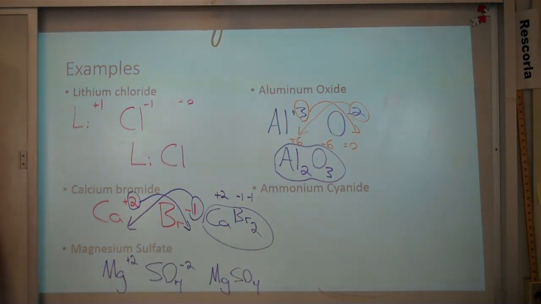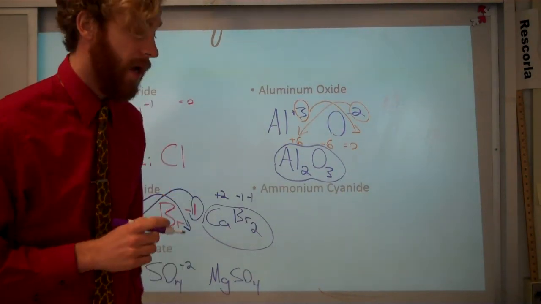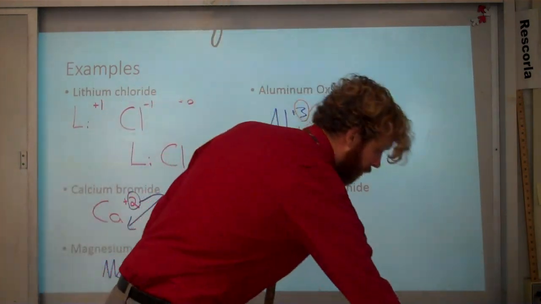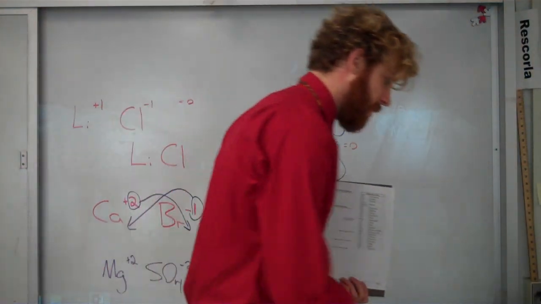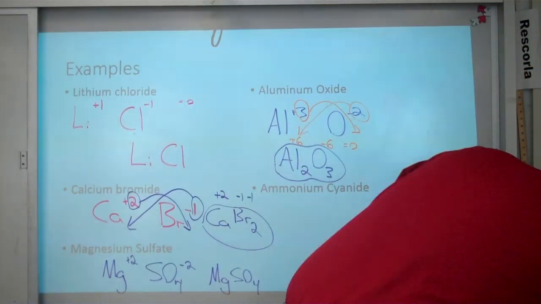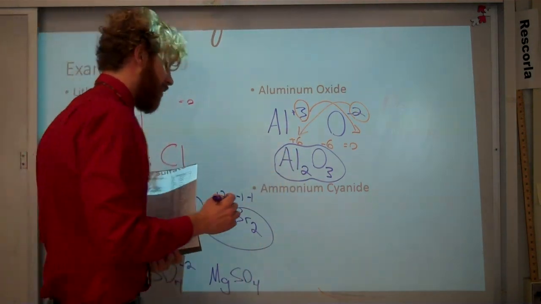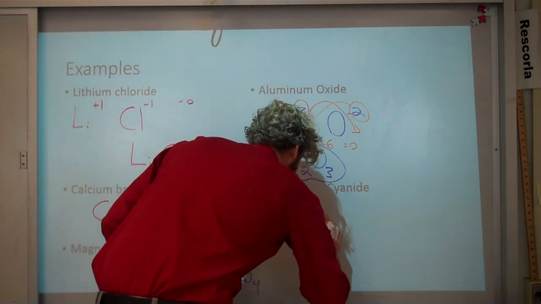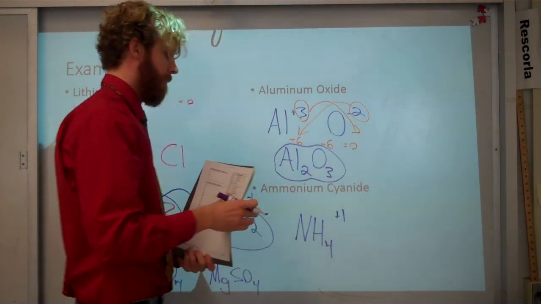Next example, ammonium cyanide. Ammonium is one of those polyatomic ions. So we look on our polyatomic ion sheet, and we find it to be NH4 with a plus. NH4, charge of +1.